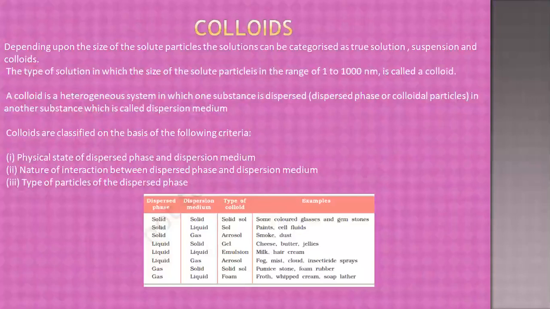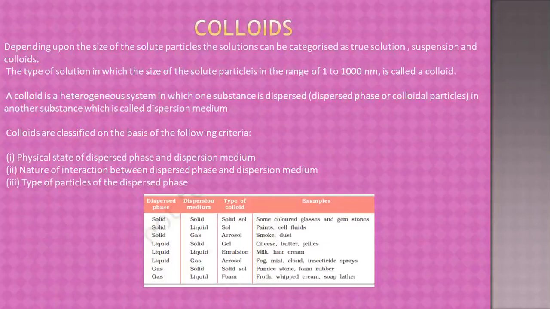Colloids can be categorized on the basis of the physical state of the dispersed phase and the dispersion medium, on the basis of the nature of interaction between the dispersed phase and the dispersion medium, and the type of particles of the dispersed phase.